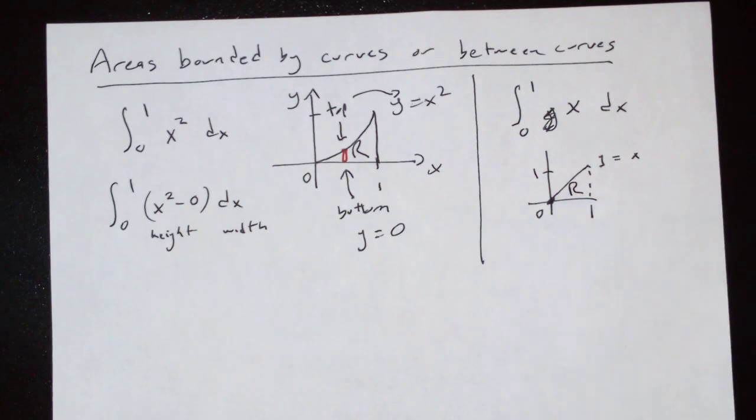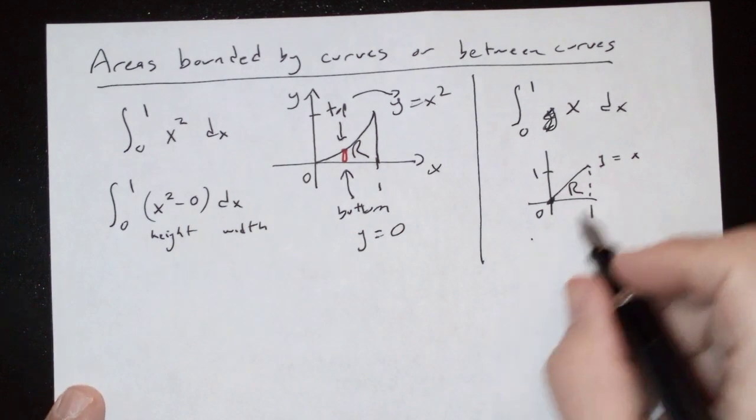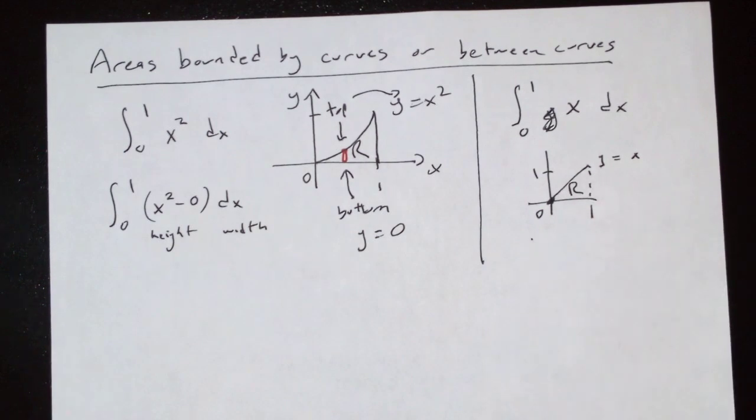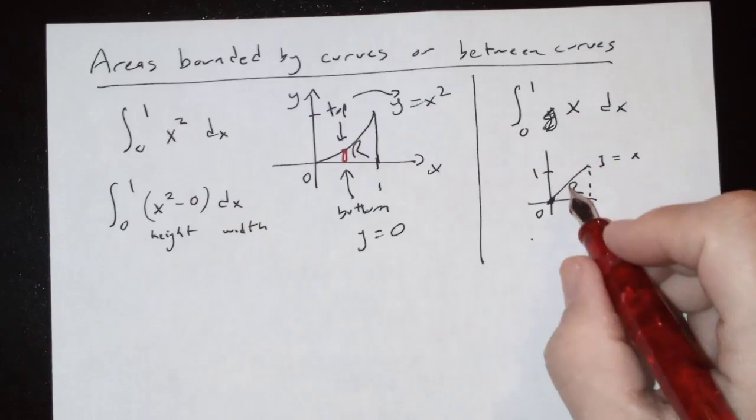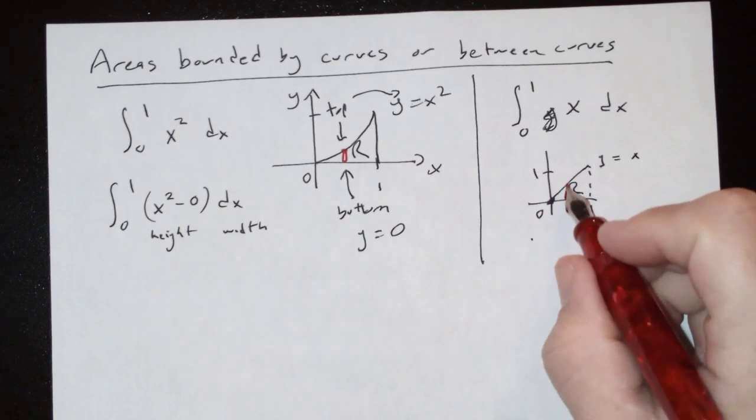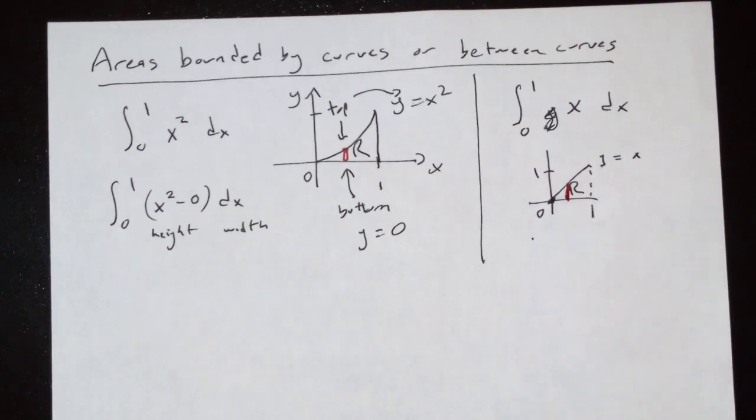So this is our region. So a little rectangle in this case is going to look like this. And again, I'd go from the top, the line y equals x, to the bottom, the x-axis.